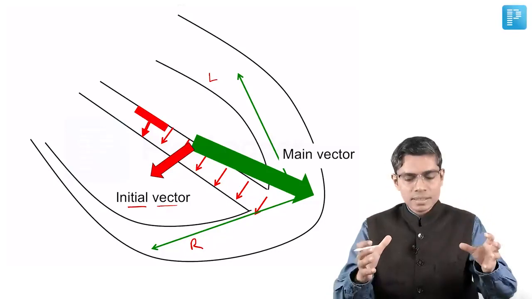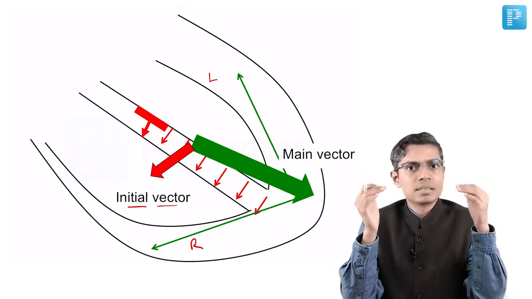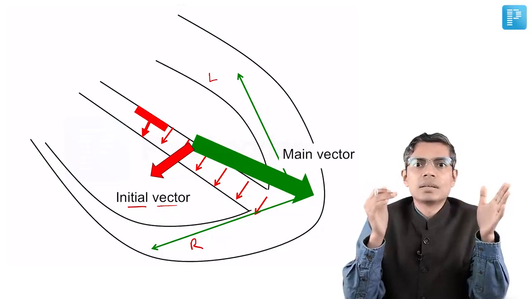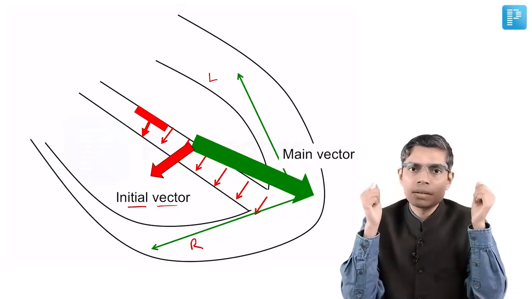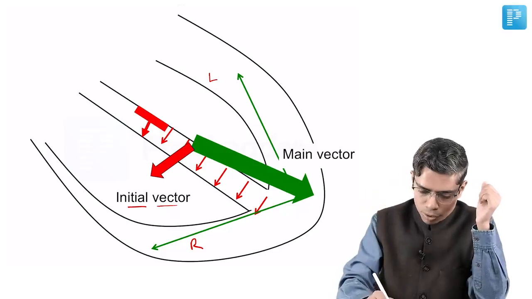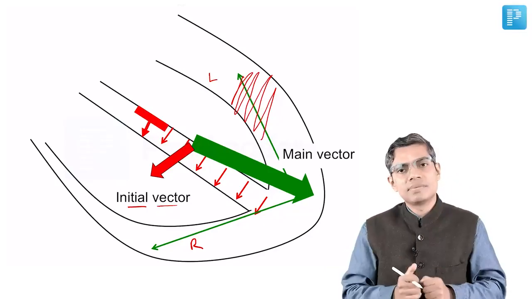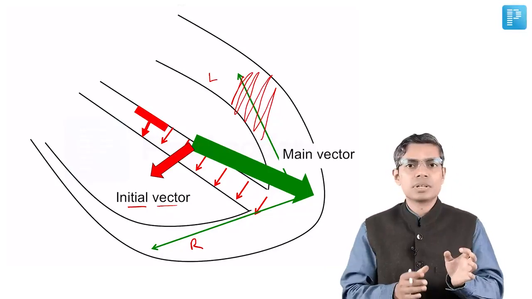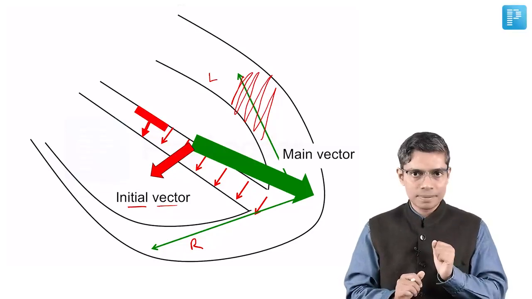Why? Because this vector is produced due to ventricular muscle depolarization. And look at the direction. This is directed towards the left side. Why? Although this vector is generated due to right and left ventricular muscle depolarization, we know that left ventricular muscle thickness is more than right ventricular muscle thickness. That's why the vector is slightly deviated towards the left side.